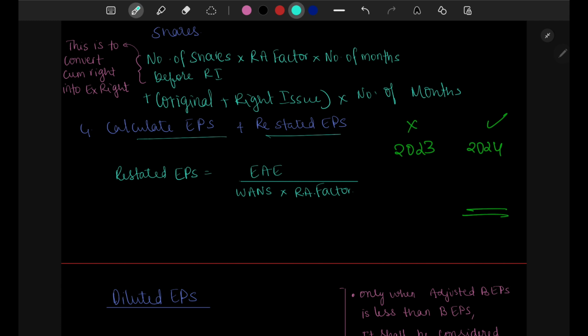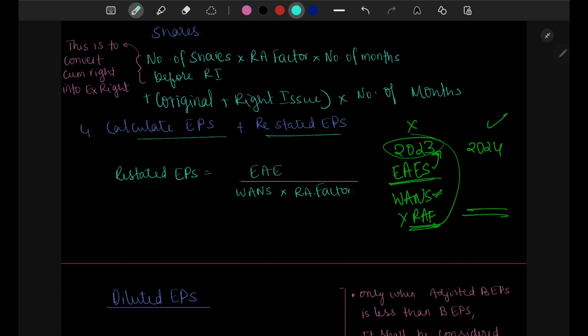So you'll have to multiply the WANES of the previous year with the right adjustment factor. Earnings available to equity shareholders of 2023 divided by weighted average number of shares of 2023 multiplied with RA factor gives the 2023 restated.